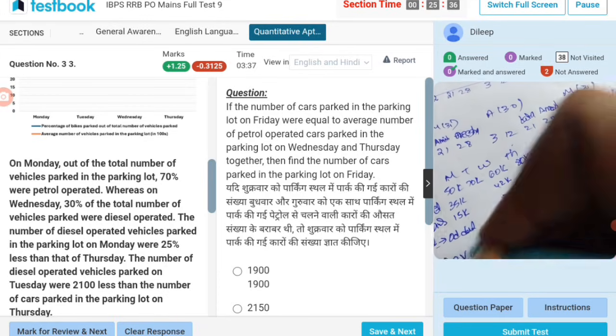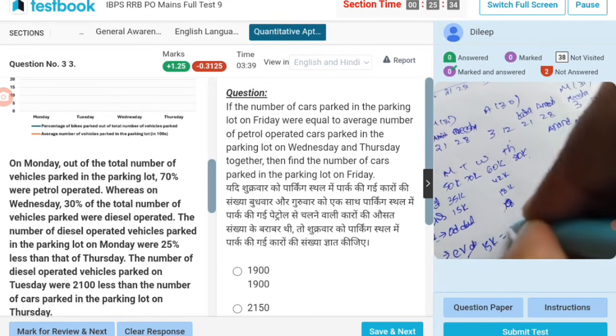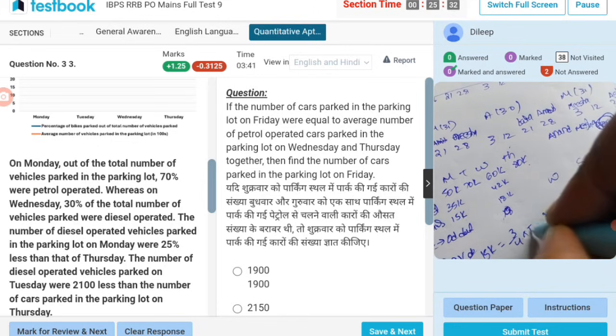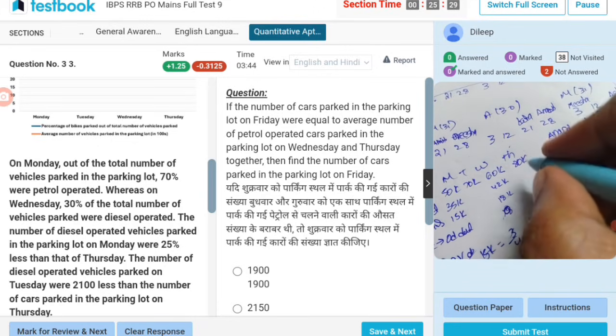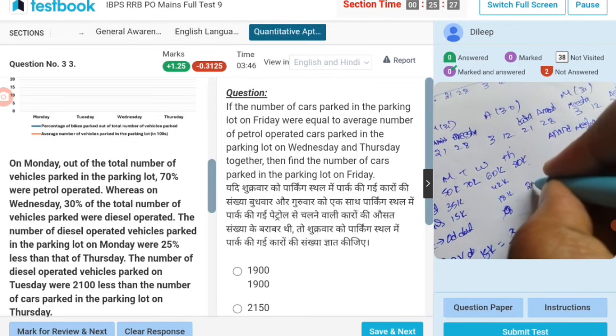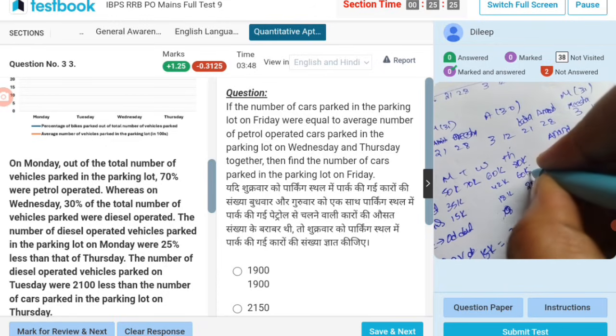So the number of diesel operated vehicles on Monday were 4, on Thursday 20, 60k.